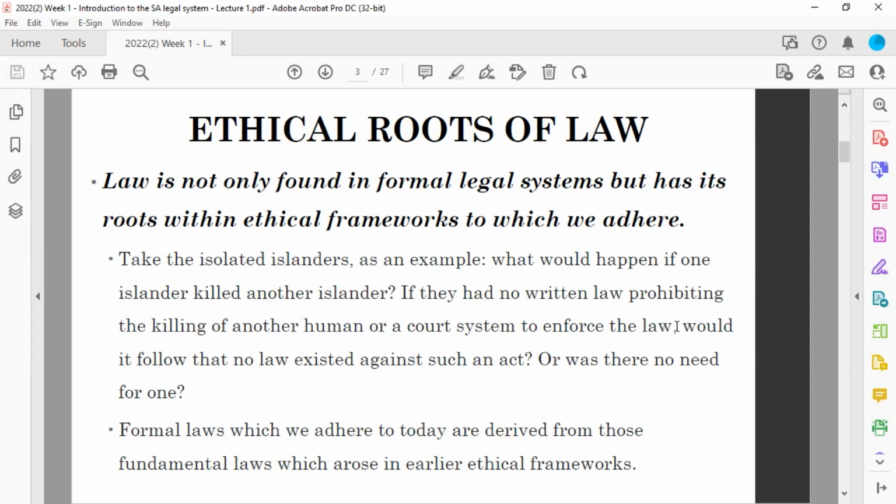The law is not just those laws that are written. If you live on an island and you're part of a tribe, even though there's no parliament, no president and no constitution, you still have to adhere to the rules, right? Those rules determine what you can do and what you can't do. And that is what the law is.